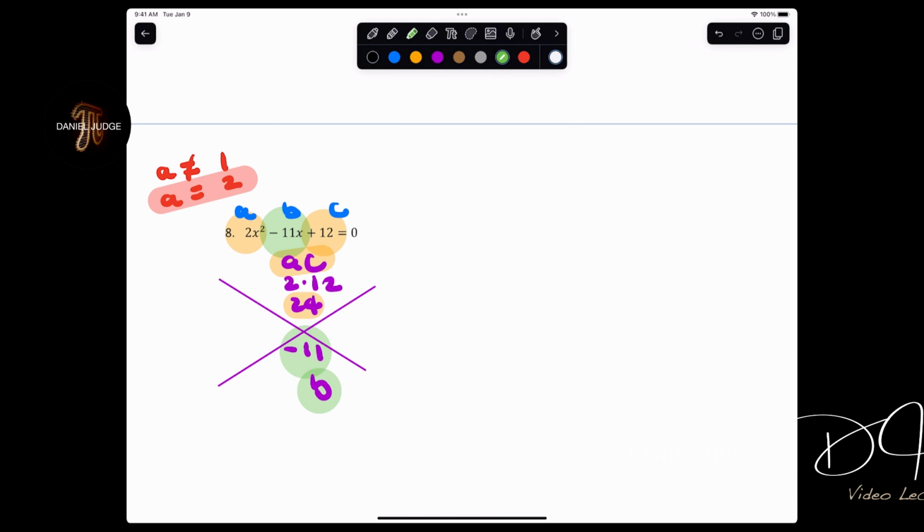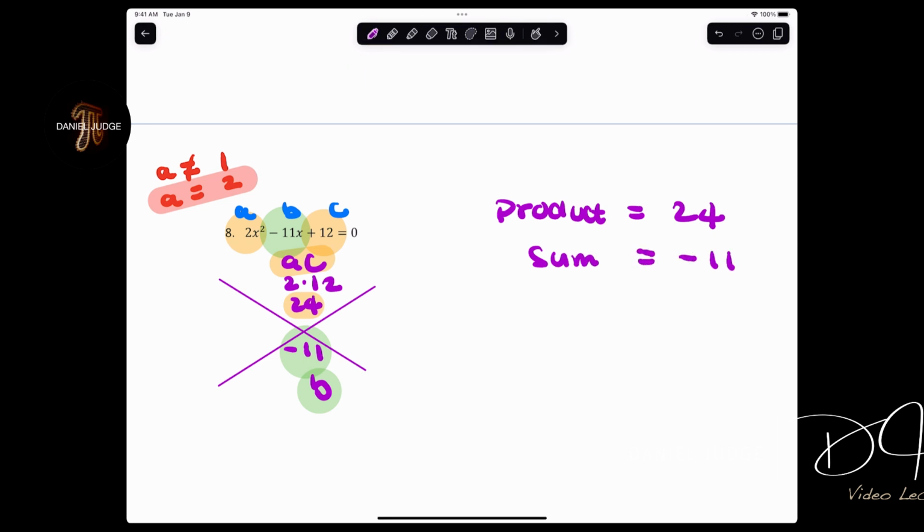Okay, so let's write it all down for us again. We need two numbers whose product will be A times C, which is 24, but the sum is negative 11. So we're in that situation again where the product is positive and the sum is negative. So that can only happen if both of the numbers are negative. Because a negative times a negative is a positive, but when you add two negative numbers, you will always get a negative as well.